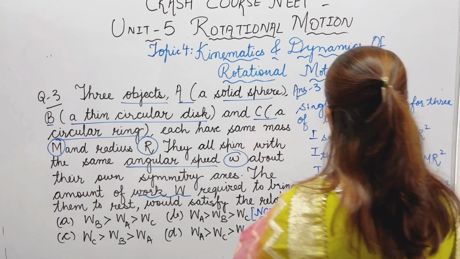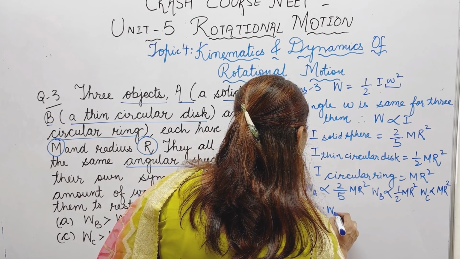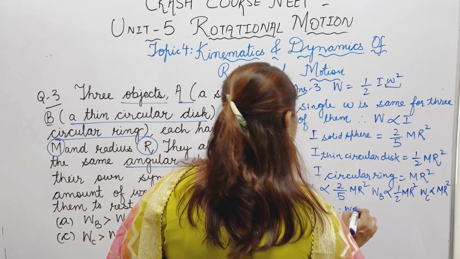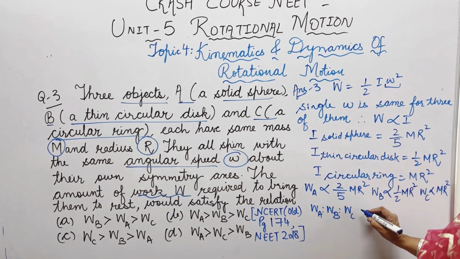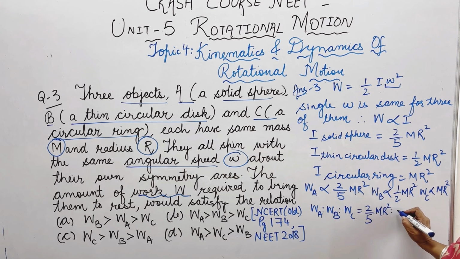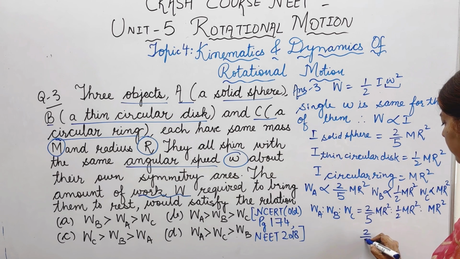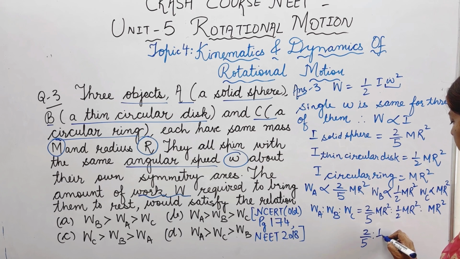Now taking a ratio of them for comparison, we have 2 by 5 mr square is to 1 by 2 mr square is to mr square, or 2 by 5 is to 1 by 2 is to 1.